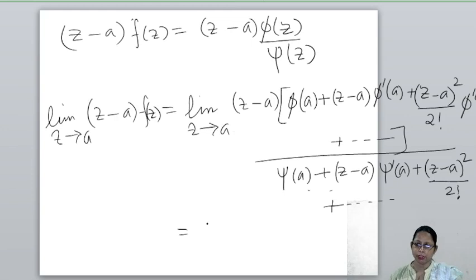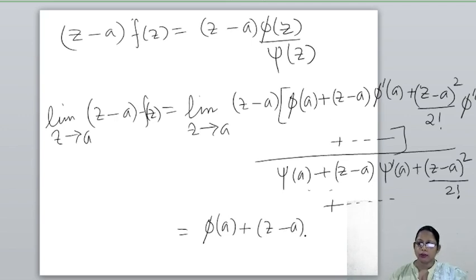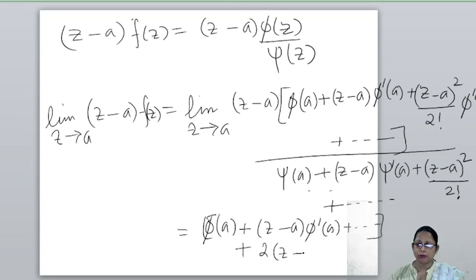So using L'Hospital's rule, we differentiate numerator and denominator. The numerator gives phi(a) plus terms: first function as it is, and the second function z minus a times phi dash(a) plus dot dot dot. Then again, differentiating, we get 2 (z minus a) phi double dash(a) and so on. In the denominator, the constant is 0.